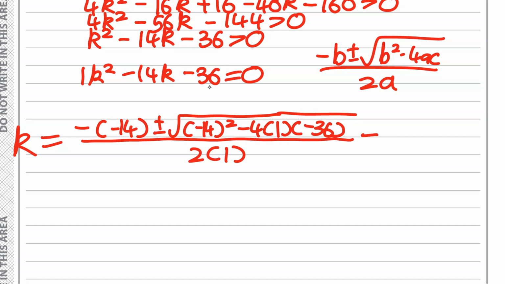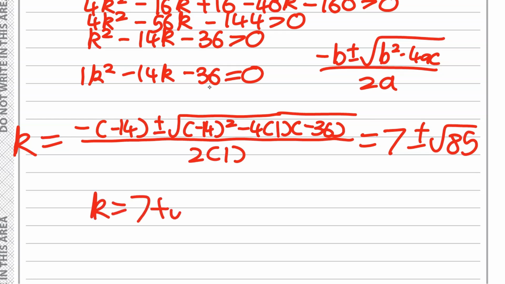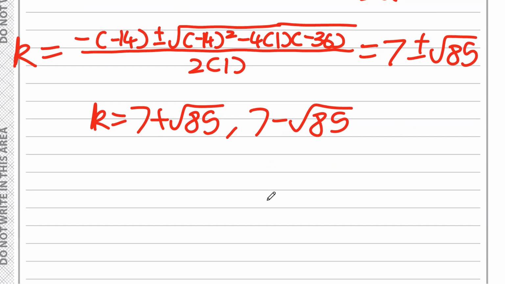And if you put this into your calculator, you get that k is equal to 7 plus or minus root 85. Okay, so what this means is that k is equal to either 7 plus root 85 or 7 minus root 85.